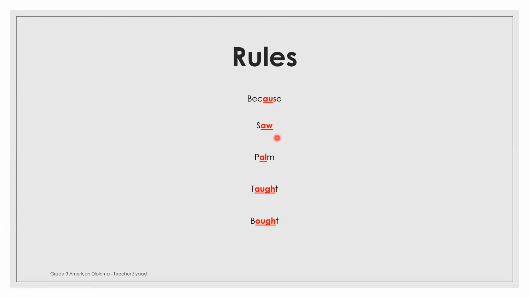Rule number two, with the vowel pattern combination AW, it also makes the O sound. I'm going to repeat that until you are able to remember it. So, or, this will either come at the end of a word, at the beginning, or even in the middle.